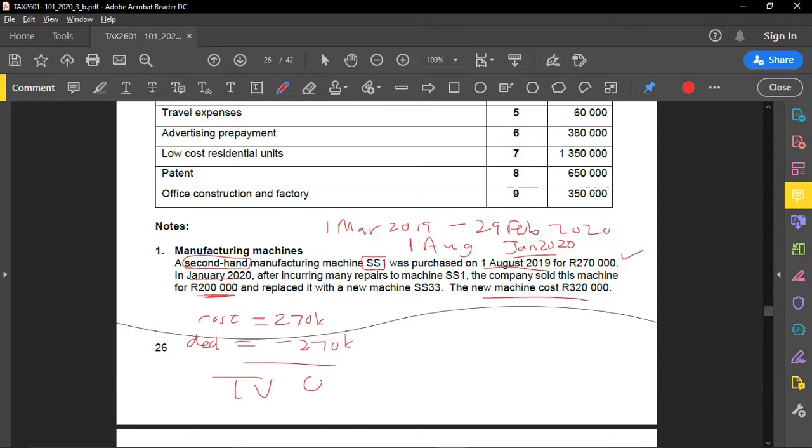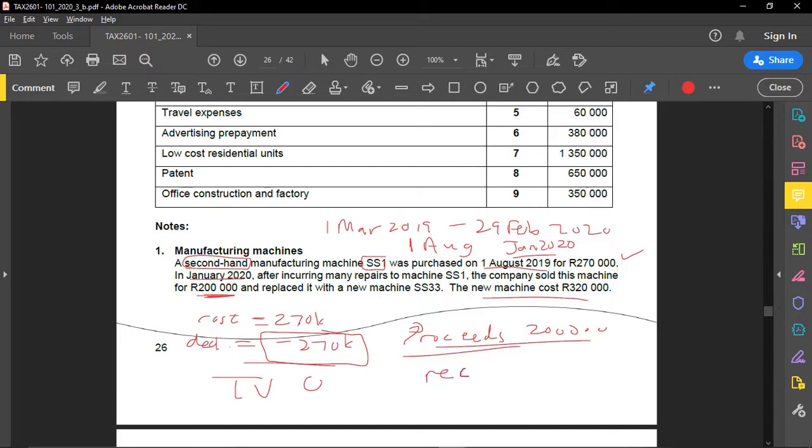Your proceeds from the sale were 200,000. The proceeds are obviously going to be limited, in terms of the recoupment, to the previous capital allowances that were provided. How much did we provide? 270. Proceeds were 200,000.